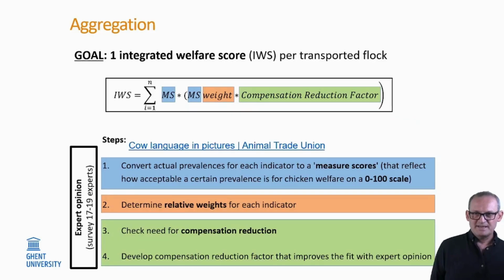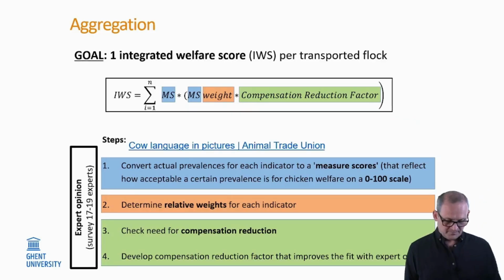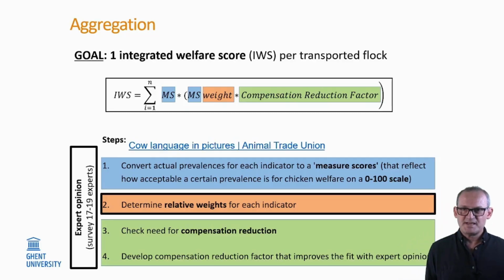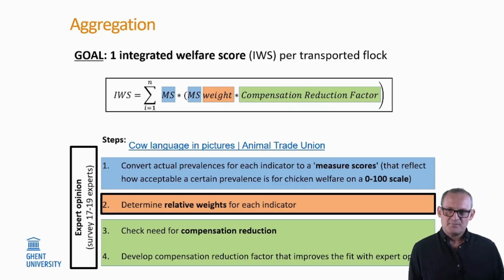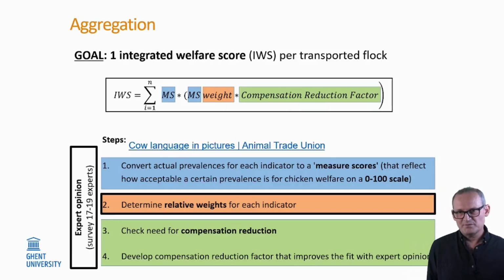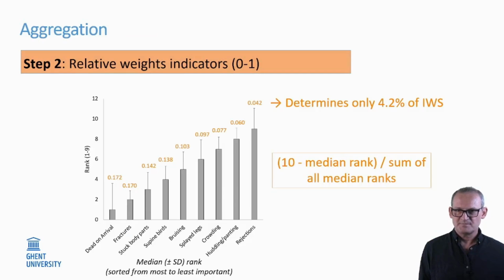So this is how we included the first step. The second step is to determine the relative weights of each indicator. Again, we use these experts to do that, and we simply ask them to allocate relative weights to the different indicators.